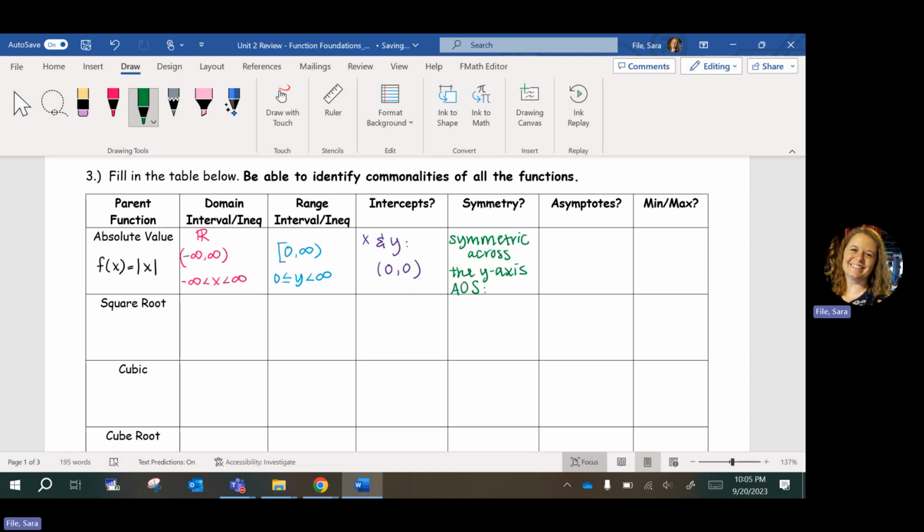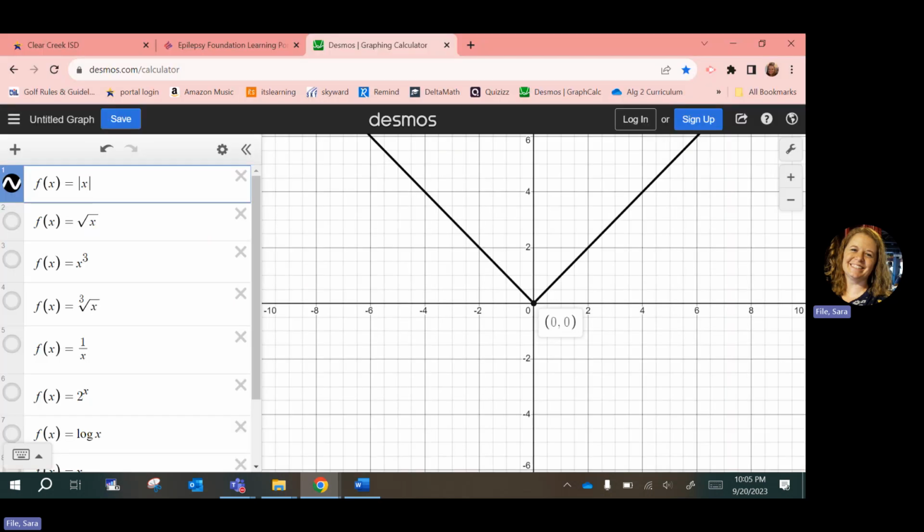Remember, go back to that. If you have a line here that is crossing the x-axis, a vertical line is x equals 0. You could add that over here. Let's graph that.